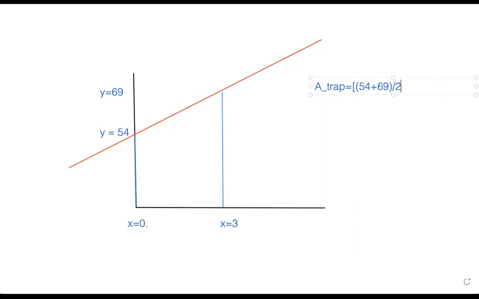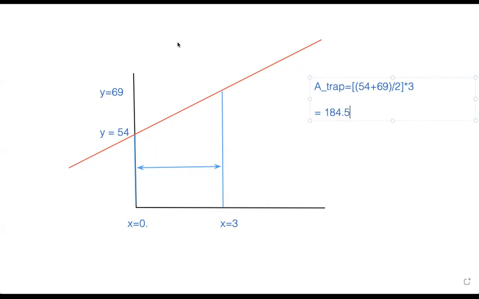So that's the average of the bases times the height, which is just the distance between the two bases, right? And so we can see pretty clearly that the distance between the two bases is just 3 minus 0, which is 3, right? 3. And you said that's 184.5. Yeah. Okay, sweet.